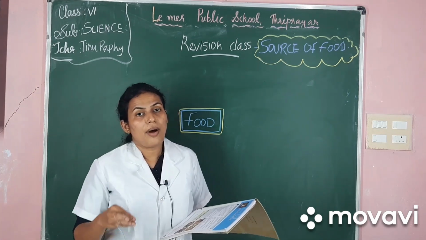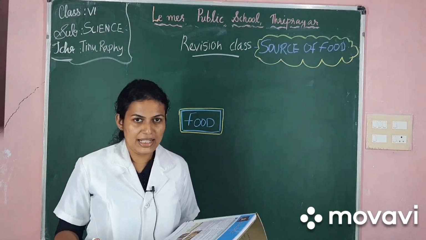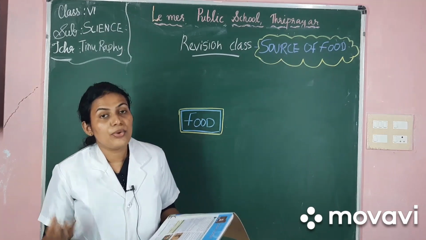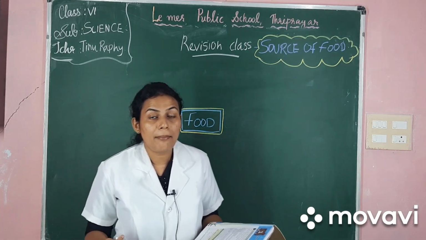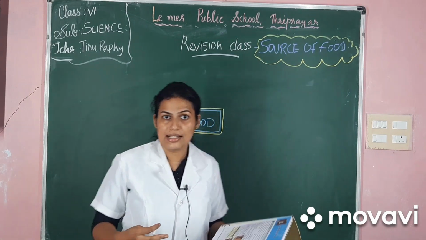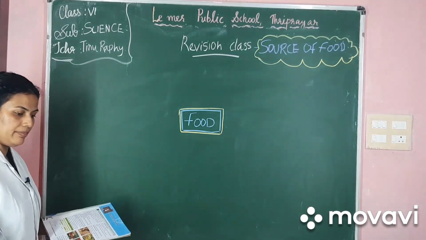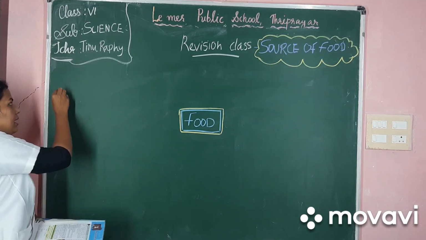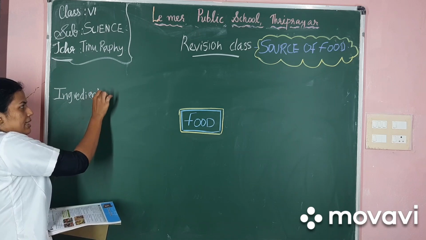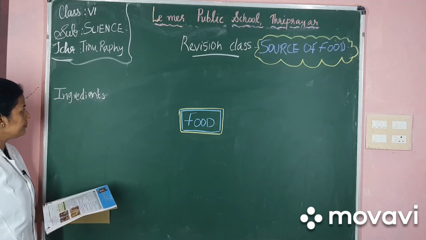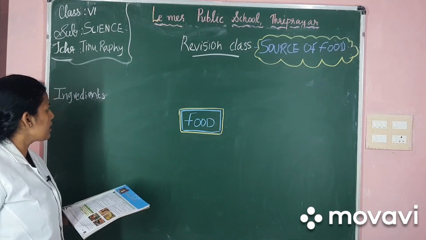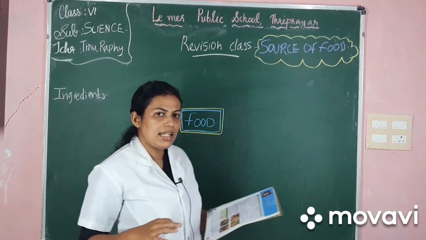And we have learned about a variety of food materials. This variety of food materials are made from different ingredients. Now, what are these ingredients?